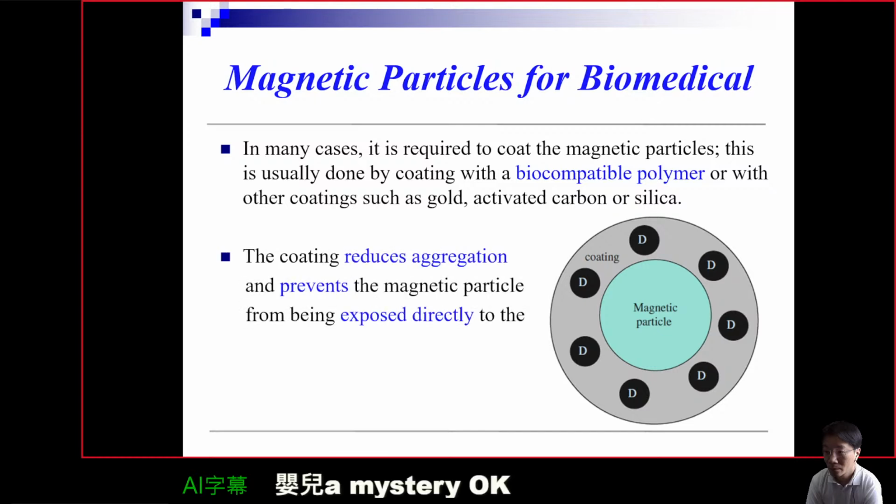This is the case where we use magnetic particles coated with a biocompatible polymer. The coating will also help reduce aggregation and prevent the magnetic particle from being exposed directly to the body, because sometimes magnetic particles are toxic to the cell.